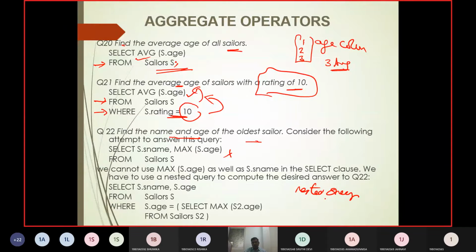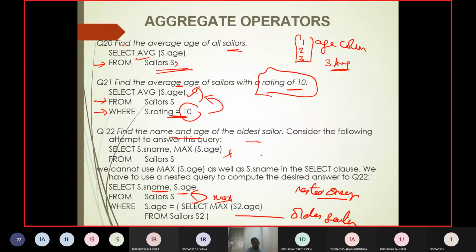First we should get the oldest sailor's age, and then give it to the outer query. In this case, we use the max function, and whoever's age is the max, that person's name and age are returned.